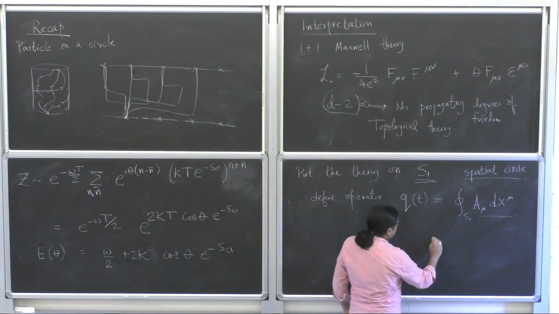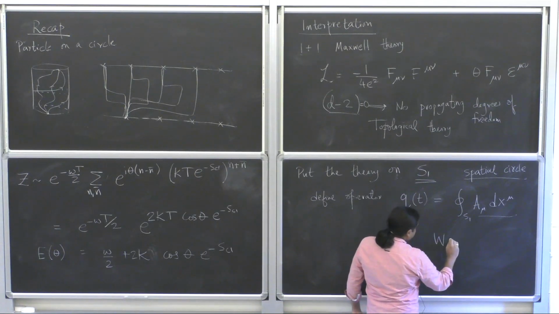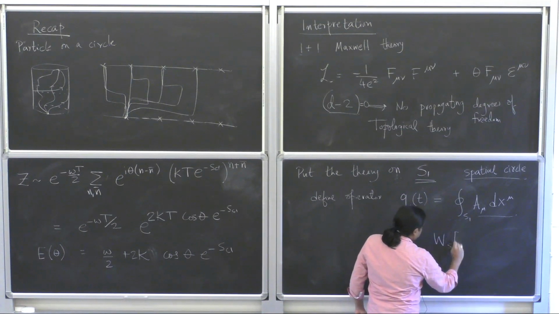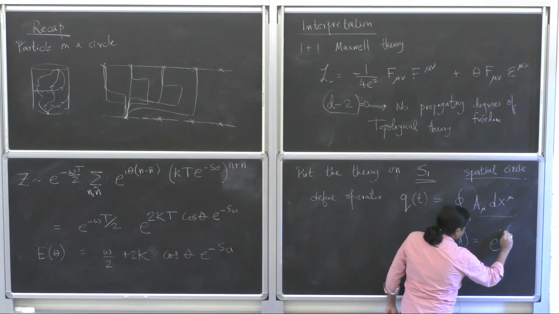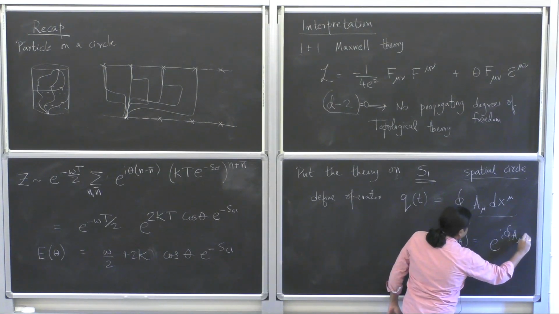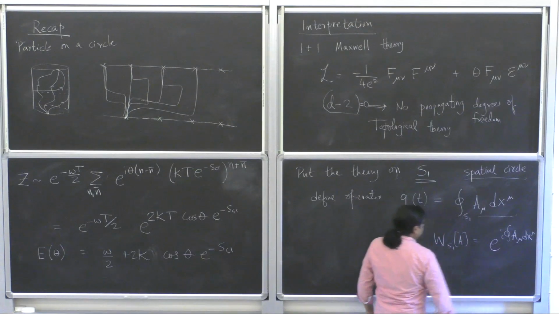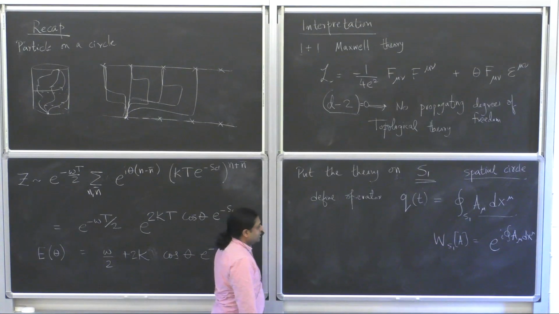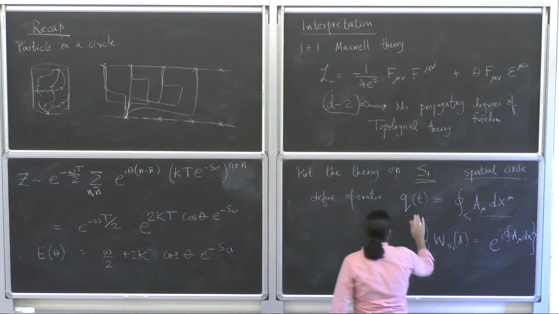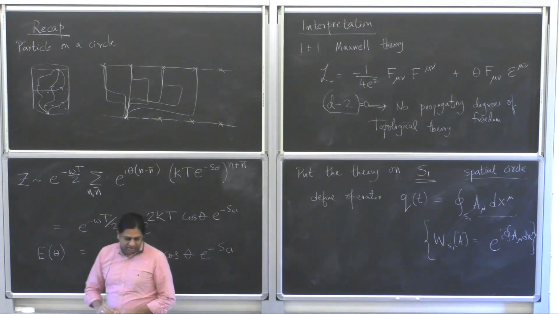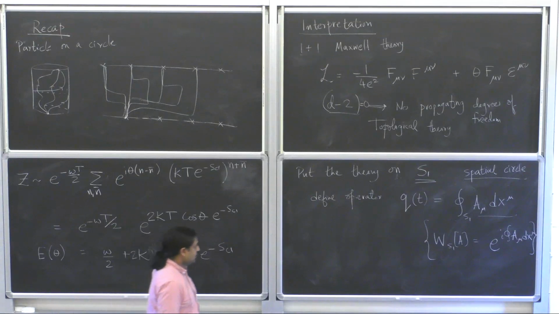This should remind you of a Wilson loop operator, which looks like the exponentiation of this quantity. So our operator Q of t is defined as what appears in the exponent of a Wilson loop.